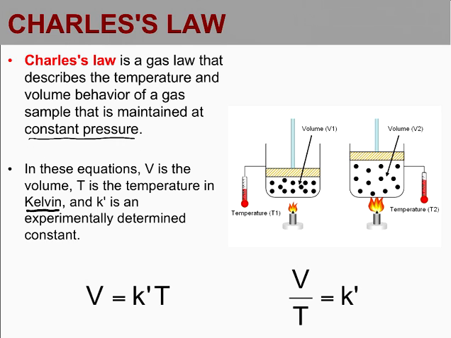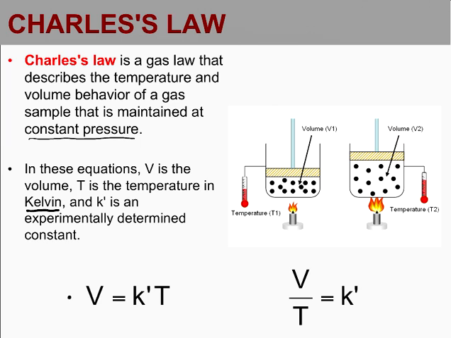And then K prime is an experimentally determined constant. So volume is directly proportional to temperature. So we can see that down below in this equation. So if we move temperature over to the left-hand side, we can see that V over T, or volume over temperature, is equal to a constant.